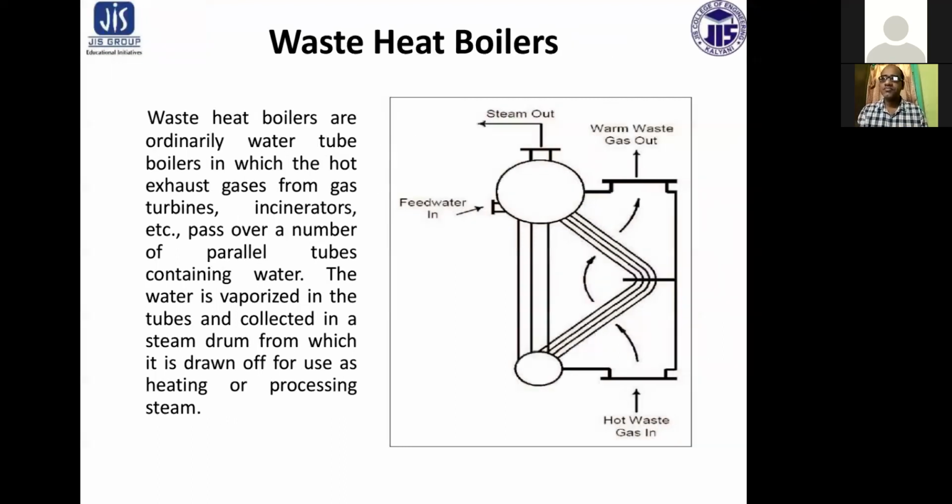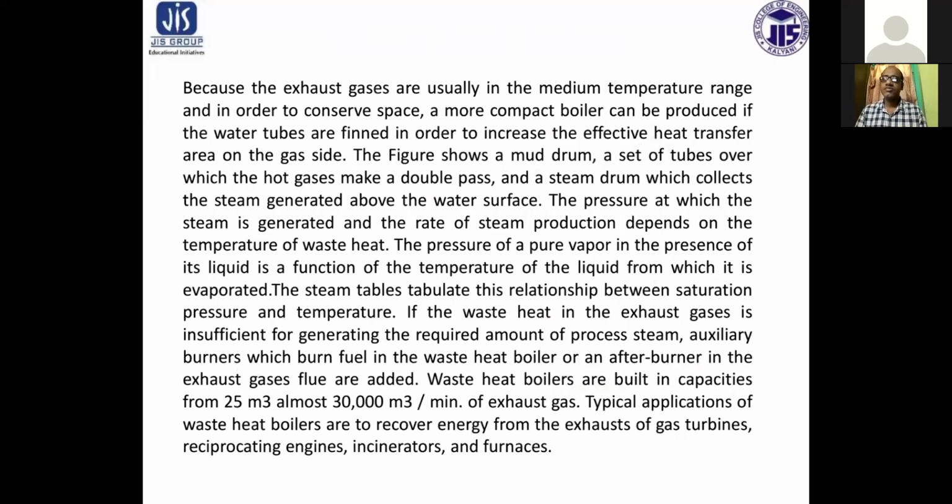Next, because the exhaust gases are usually in the medium temperature range, and in order to conserve space, a more compact boiler can be produced if water tubes are finned in order to increase the effective heat transfer area on the gas side.